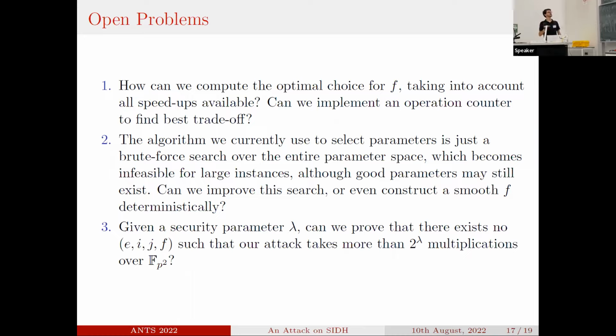Anyway, after we shared our attack, people like Luca and Theo, that we were talking to before the talk, told us that this attack actually has a sub-exponential complexity, and a way to improve this attack could be to solve the following problem.